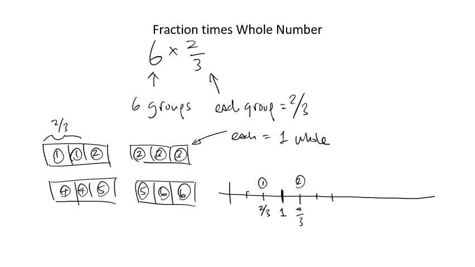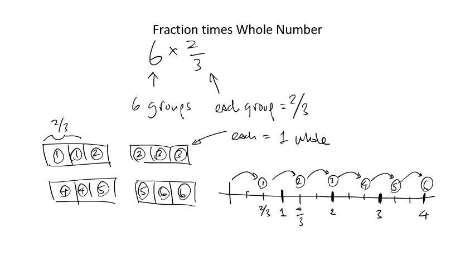I could mark off another 1, 2, and this is group 3, and that makes a total of 2. And then go 1, 2. You can see where this is going from here. 1, 2, 1, 2. So this is group 4, 5, and 6. Gets me to 3 and 4. So I could use this number line model to show the same idea that we did with the strip model.